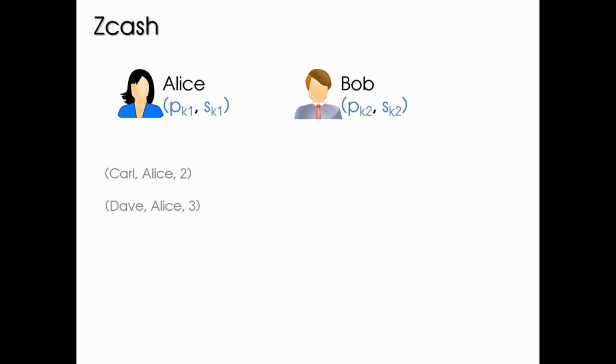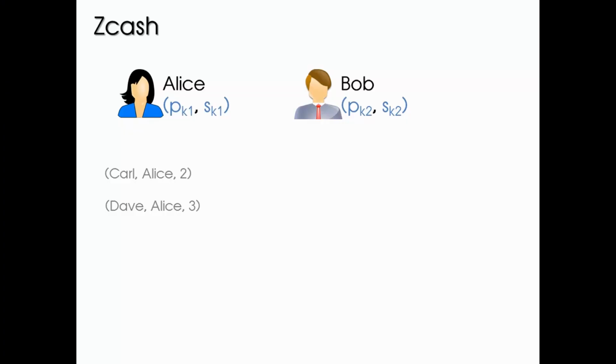Now, in the zCash system, there are 4 kinds of transactions. The first one is the Bitcoin style transaction, which is a transparent address in the zCash terminology. And then Alice can transfer the money to Bob without disclosing the identity of Bob. So those addresses that are hidden are called shielded addresses.